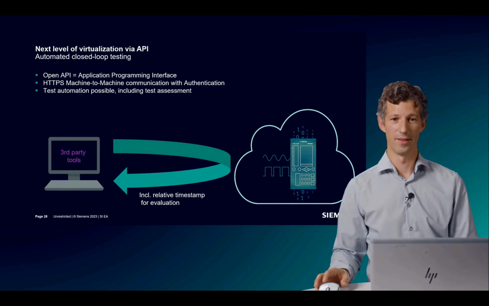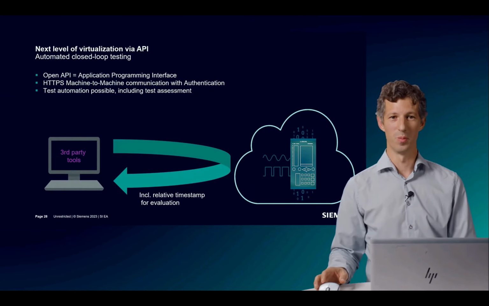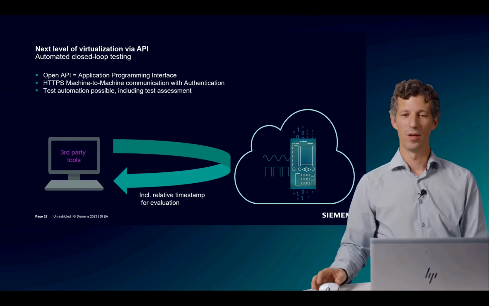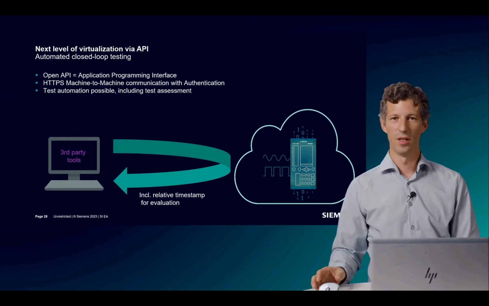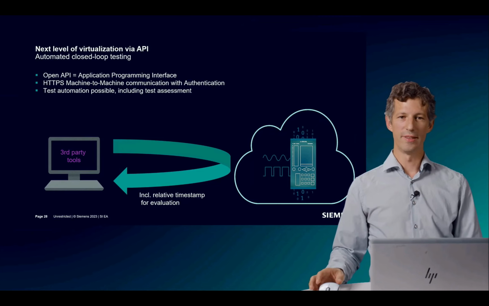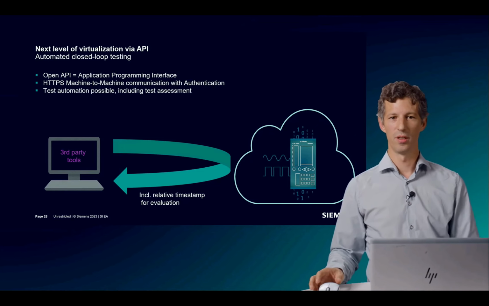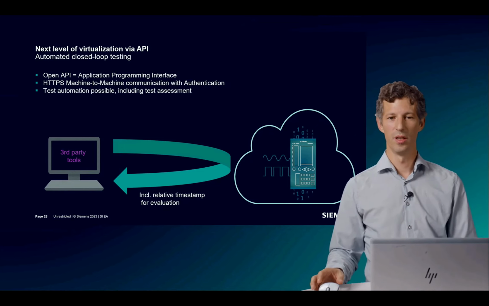And this is where we are coming to the most expected part of the webinar. That was the title of it. How we have made a big jump, bringing the virtualization to the next level from an open loop testing environment to a virtual closed loop environment using open APIs.